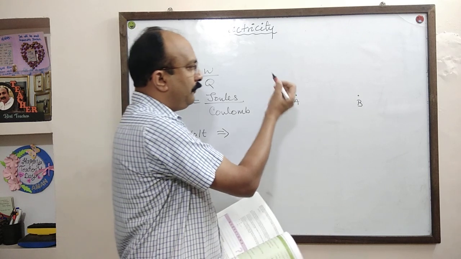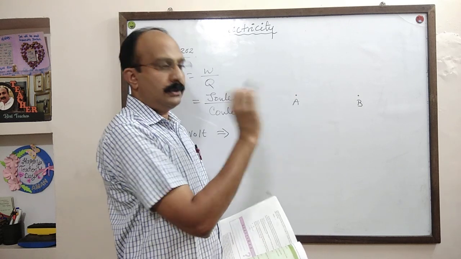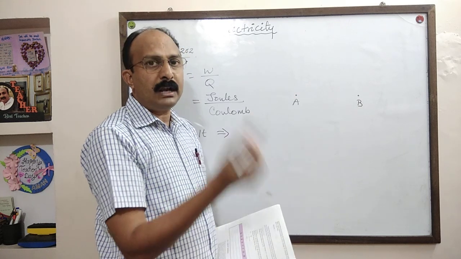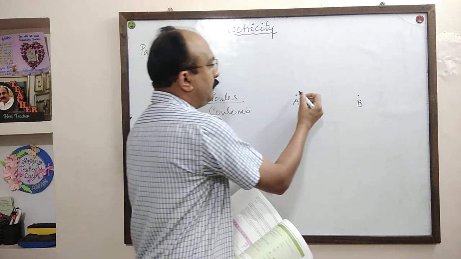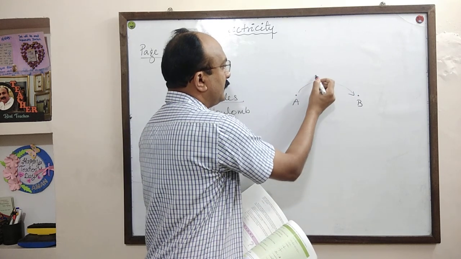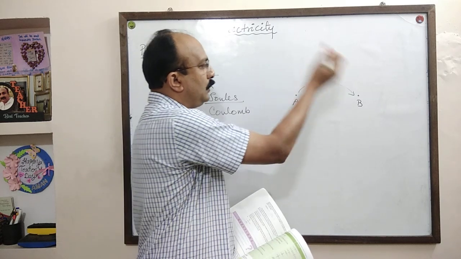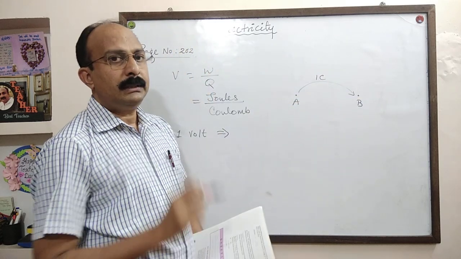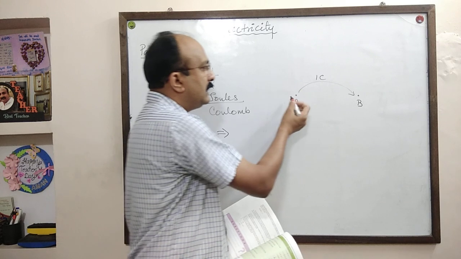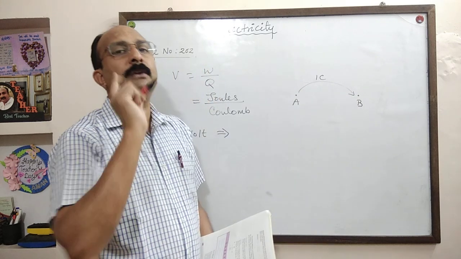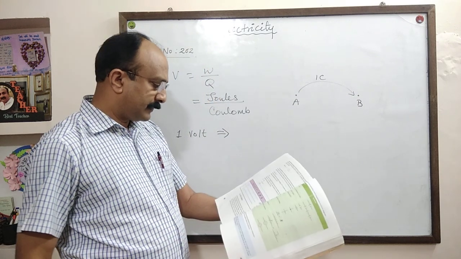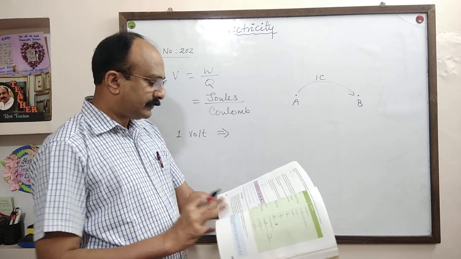When 1 joule of work is done to shift or to transfer 1 coulomb of charge from one point to another point, then the potential difference across these 2 points is said to be 1 volt. Question number 3.